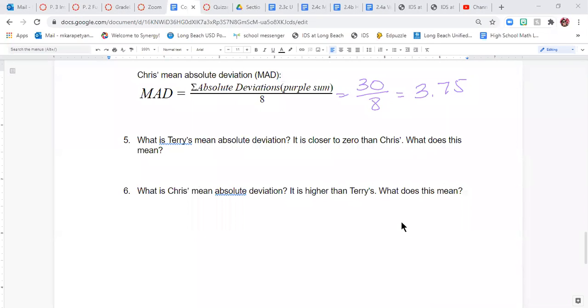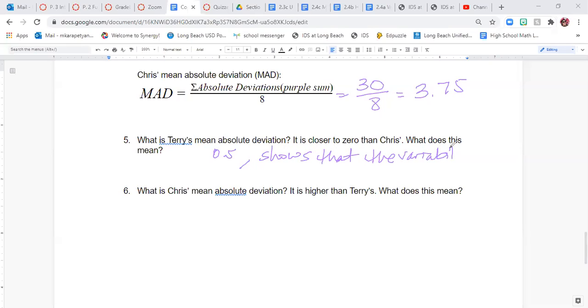Who would like to contribute here? What is Terry's mean absolute deviation? Go ahead, Dario. Terry's mean absolute deviation is 0.5, and this shows the variability is a lot less than Chris's, since it's a lot closer to 0.